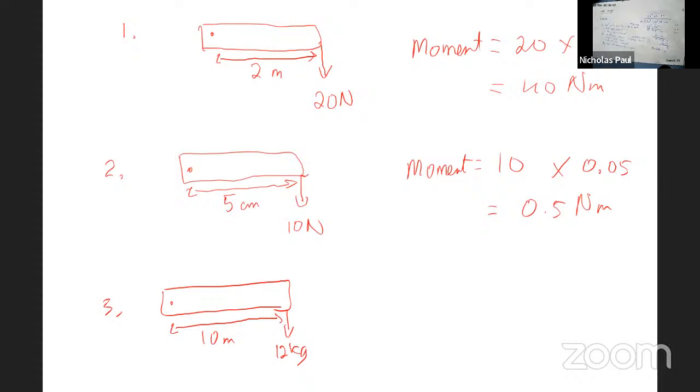Multiply the mass by gravity, because remember, the force a mass will exert is its weight. So what we have to do now is find the weight of this object. We know that weight is mass multiplied by gravity. So that would be 12 kilograms, and we'll use 10 for now. So the answer is 120 newtons.